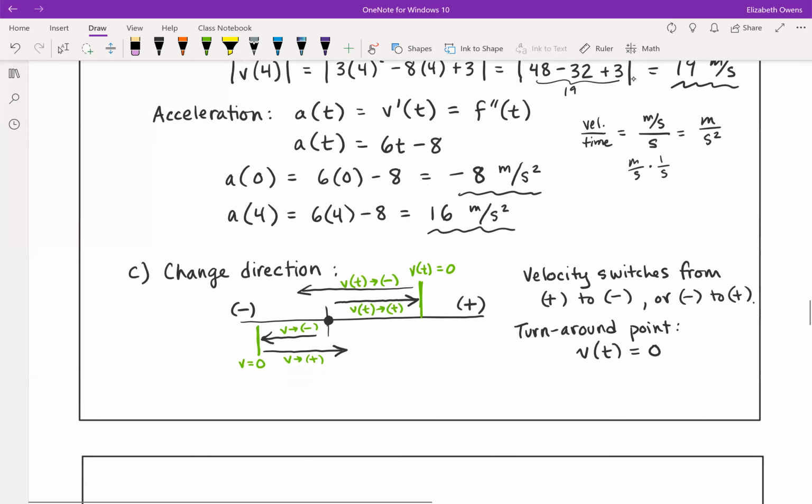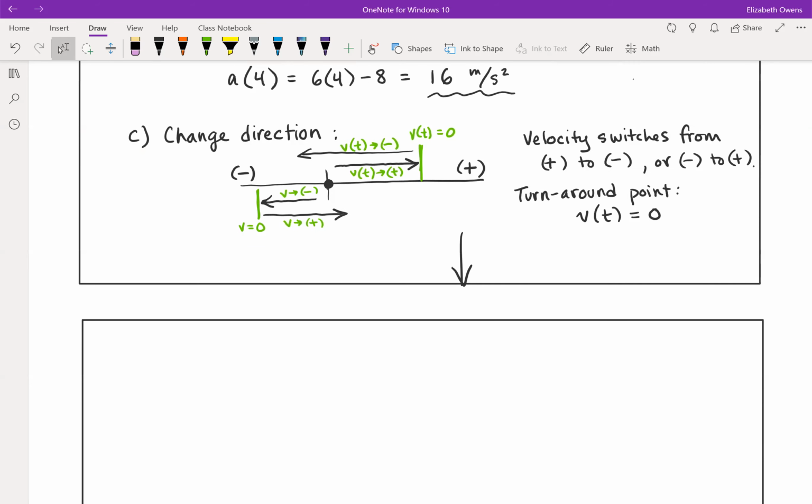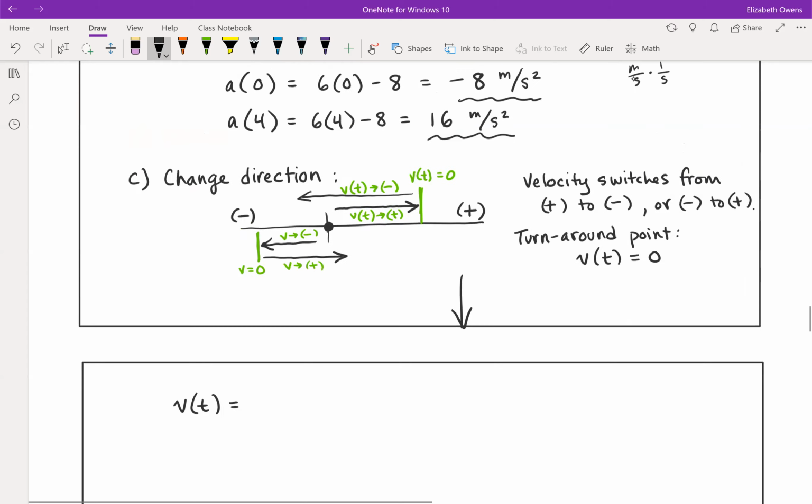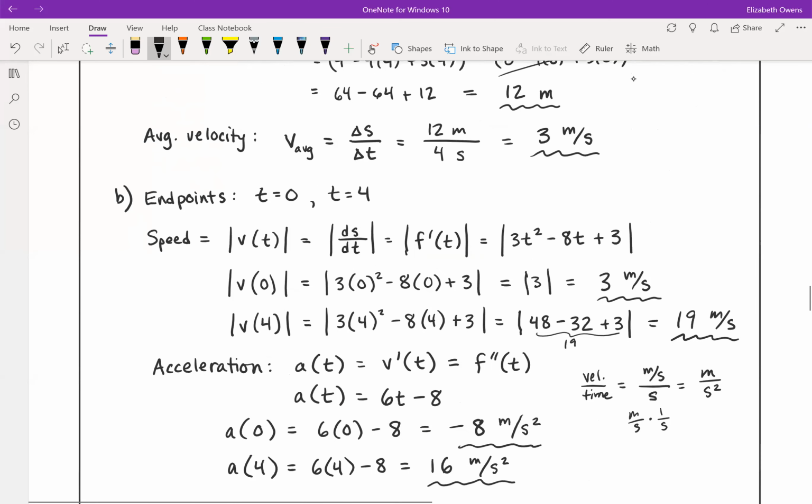Continuing this, we would want v of t to equal 0, and we already found our velocity function here. There it is, v of t. This is the first derivative of our position function: 3t squared minus 8t plus 3.